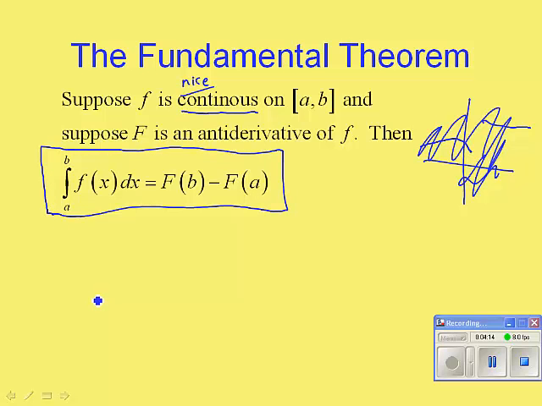Okay, what does it say? What's this on the left? What kind of integral? That's the definite integral. What does it mean? The whole thing means that you're taking the antiderivative at the second point and subtracting the first point.